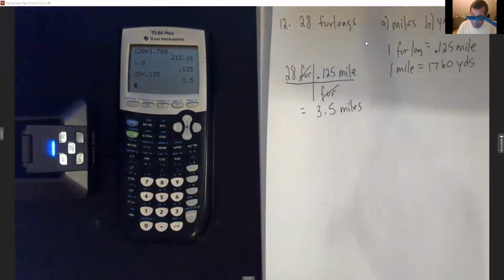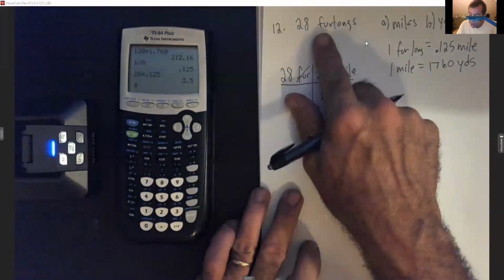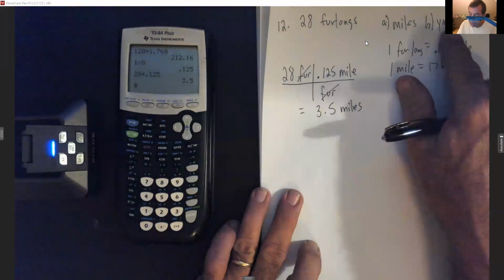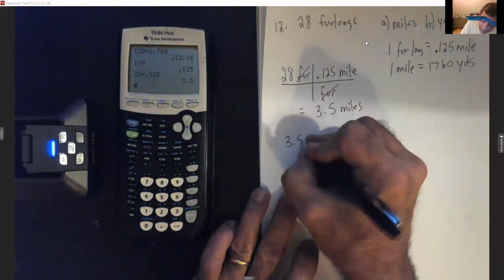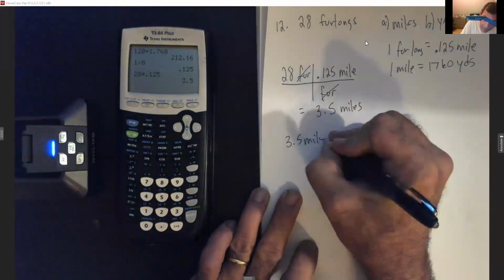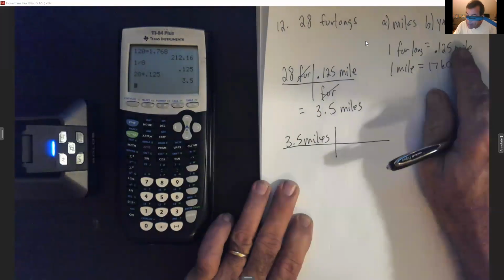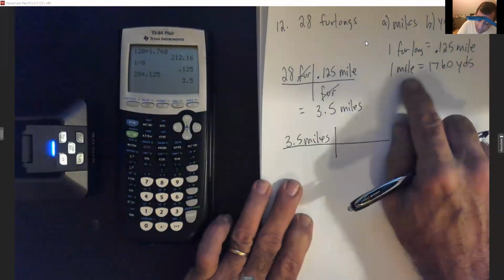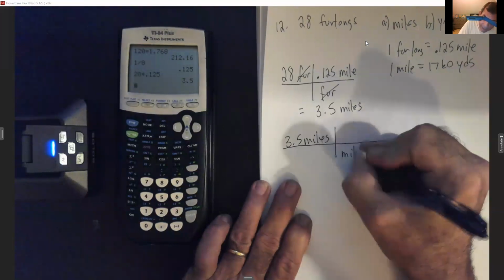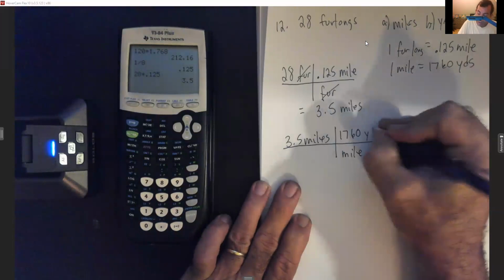Now, it wants me to turn these furlongs into yards. But since I turned furlongs into miles, I can now take these 3.5 miles, and for part B, turn these 3.5 miles into yards, because I know for every mile it is 1,760 yards.